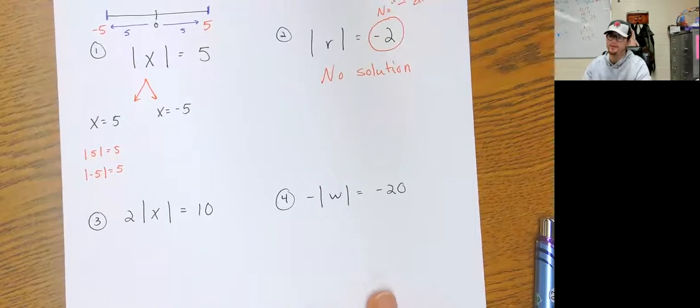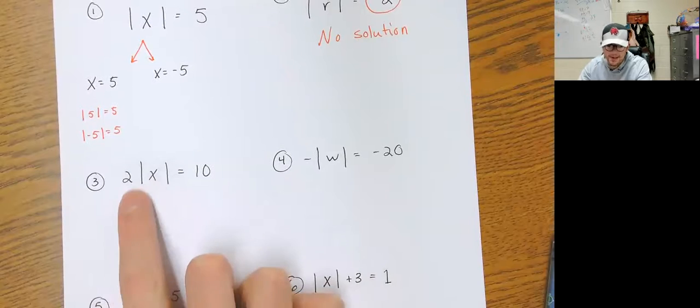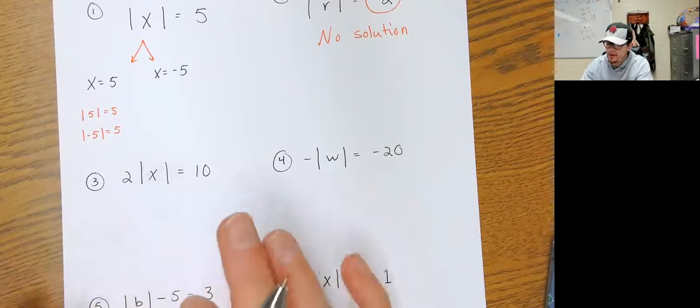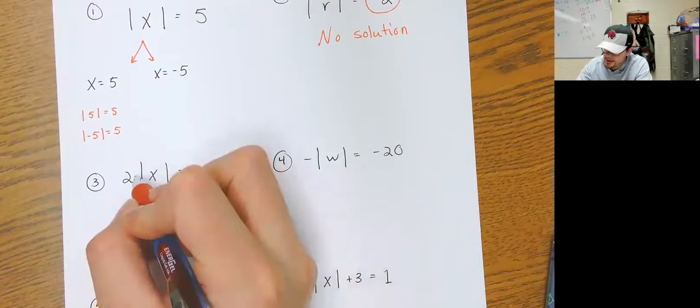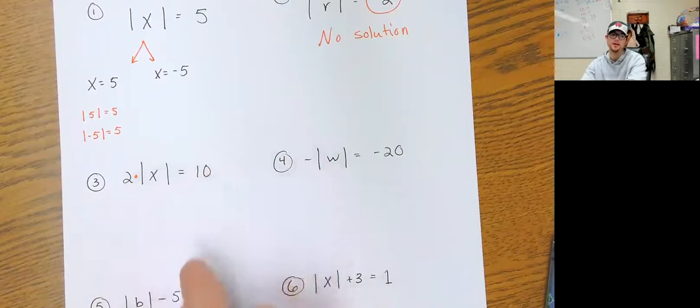So here's the next step. Here's a slightly different scenario. Whenever you have a number next to something, that means multiplication. So we have 2 times the absolute value of x equals 10.